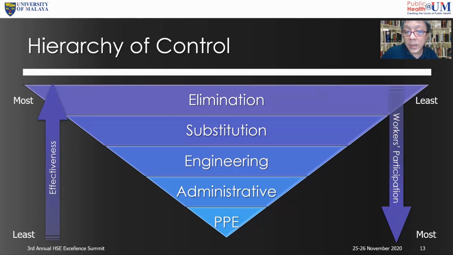And we can also discuss workers' participation, which means how much you need workers to participate in the process. The less you need worker participation, the more effective the process is, because it's not prone to human error. That means you need to look at a system, design a system to reduce human participation in decision making, so as to reduce human error or variability in human behavior.